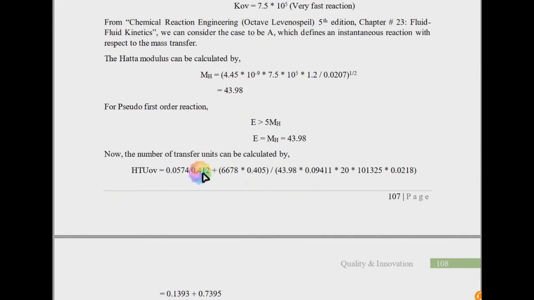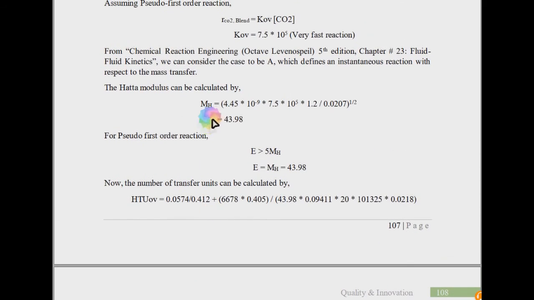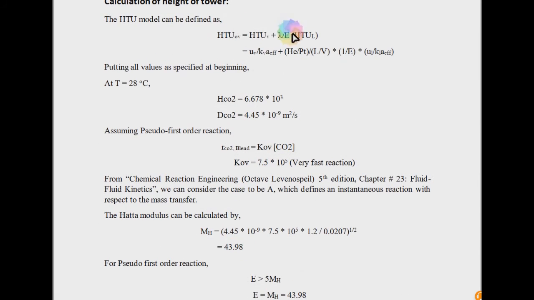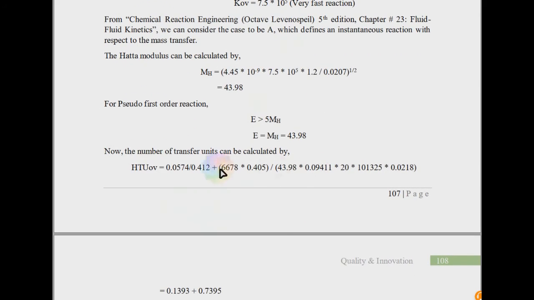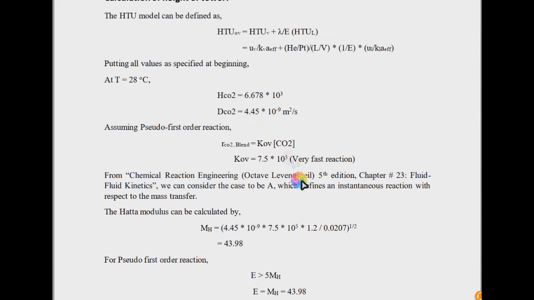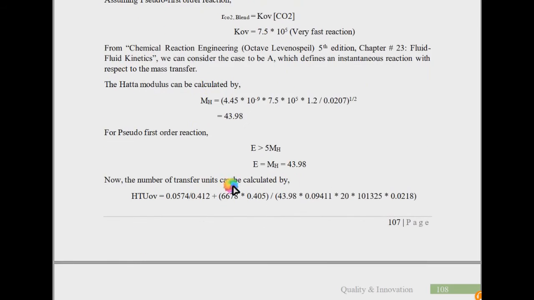So the number of mass transfer units can be calculated by using the equation defined here, by putting in all the required values, like PT, which is the pressure, UL, hydrodynamic regime velocity, mass transfer coefficients, enhancement factor, everything is known.